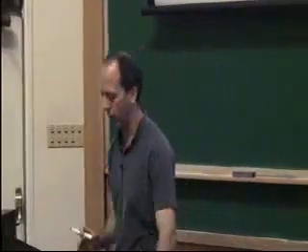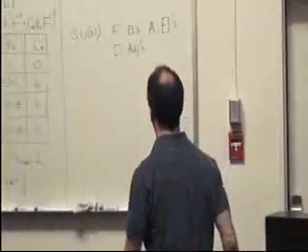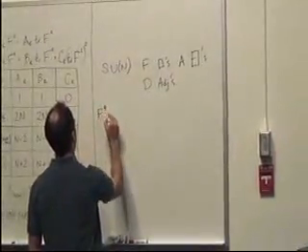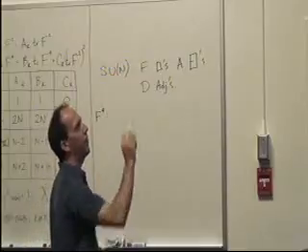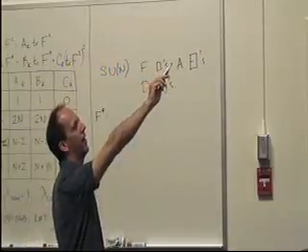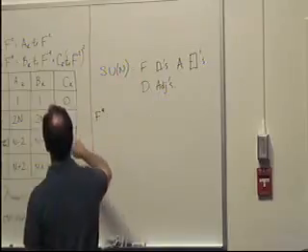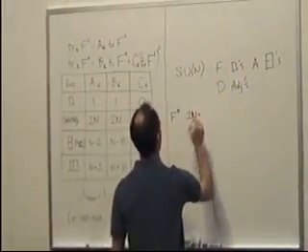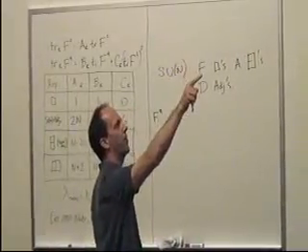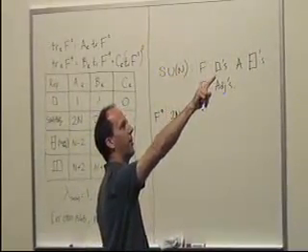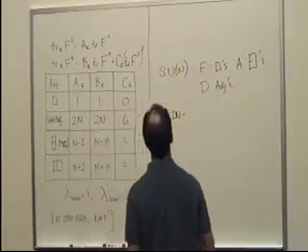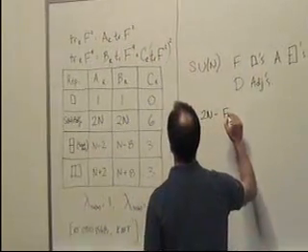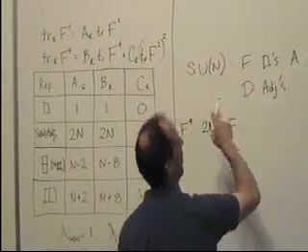Let's read off what some of the anomaly cancellation conditions say. The key one I want to focus on is, for starters, F to the fourth. The F to the fourth condition says that the B for the adjoint, which is 2n, minus the sum over all representations of the number of things in that representation times the B for that representation, has to vanish. So the number of fundamentals is F, minus F times the B for that.